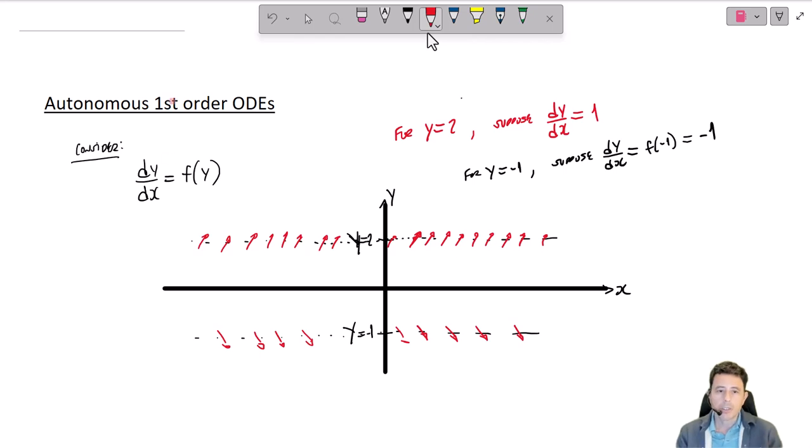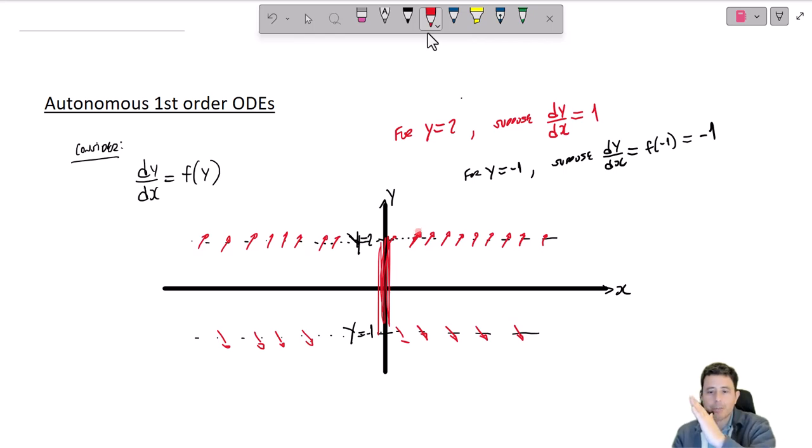So for an autonomous ODE, the derivative does not depend on x. That means when you pick a horizontal line, the derivatives will always be the same. Pick another horizontal line, whatever the derivative is will stay the same. Now, what's interesting is that if in one place all the derivatives are positive and in another place all the derivatives are negative, then somewhere in the middle, the derivative has to cross 0, because it was positive and then down there is negative.